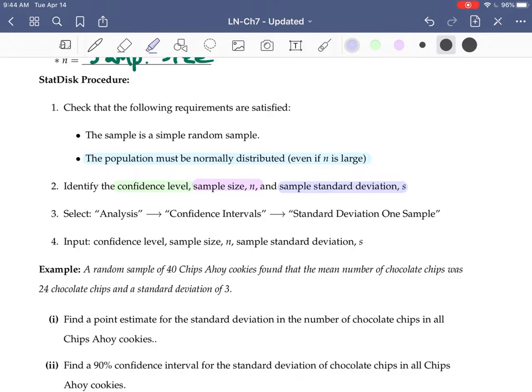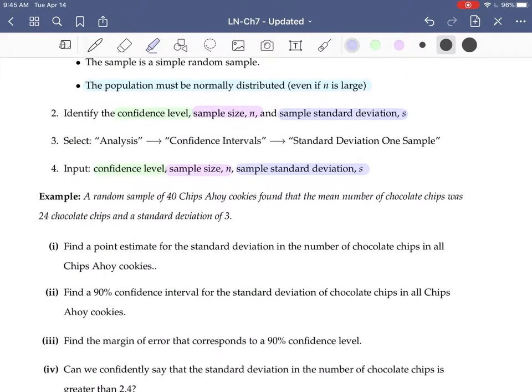Even if our goal is to construct a confidence interval for a variance, we're still going to choose Standard Deviation One Sample in StatDisk. Then we input those three values, the confidence level, the sample size, and the sample standard deviation, and evaluate.